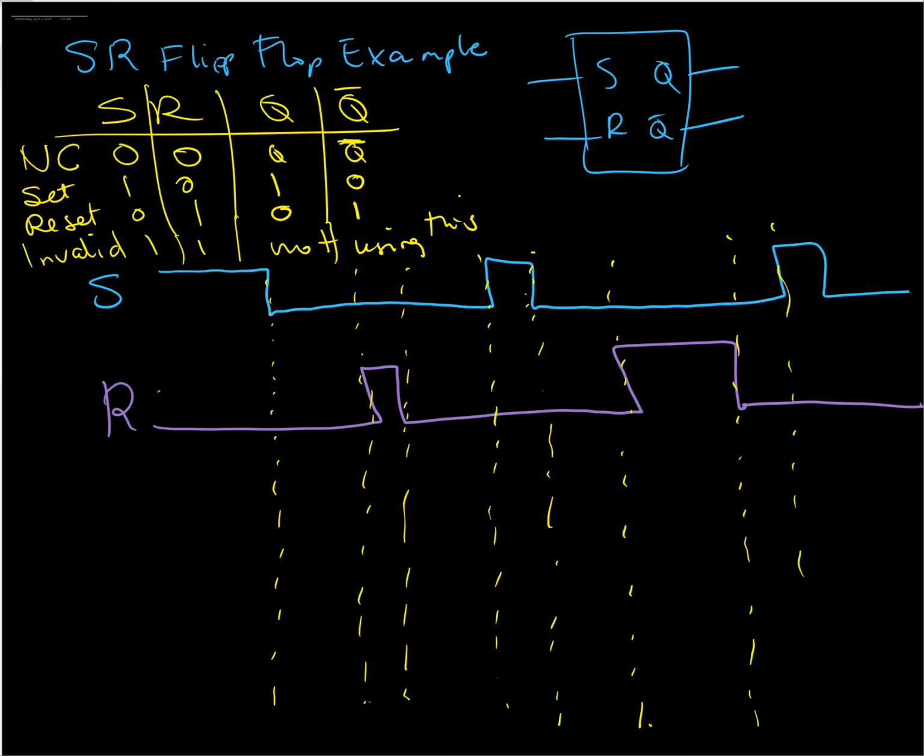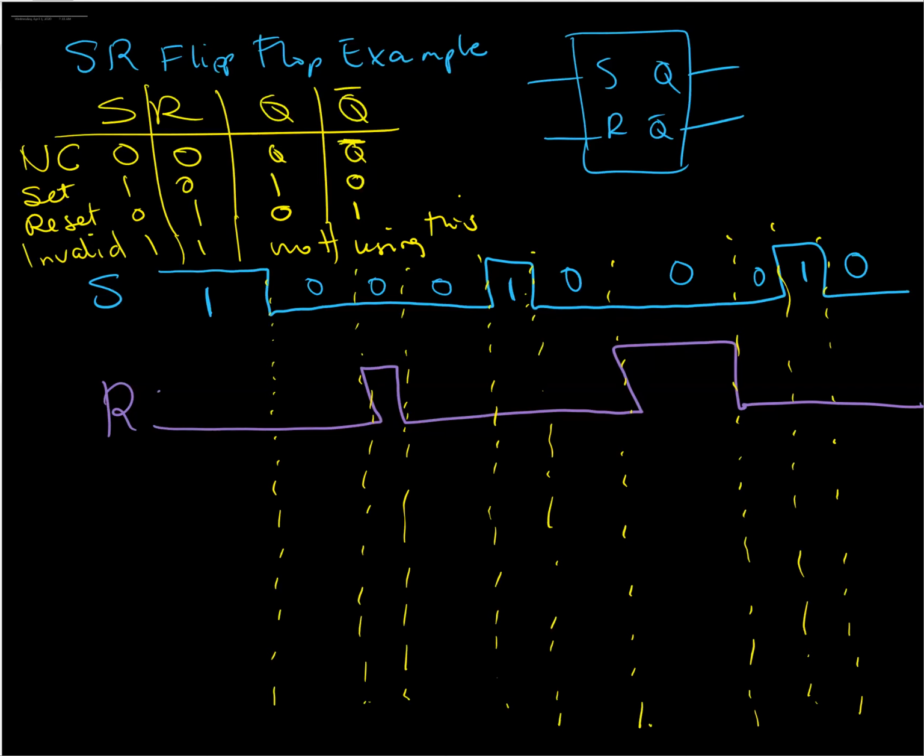So I'm dotting down the transitions. And what I want to do is look at each of these states and see what the values of S and R are. So we know here S is, sorry, that's a 1. Here S is high, so that is a 1. Here for these, S is low. S goes high, S is low, S is high, S is low.